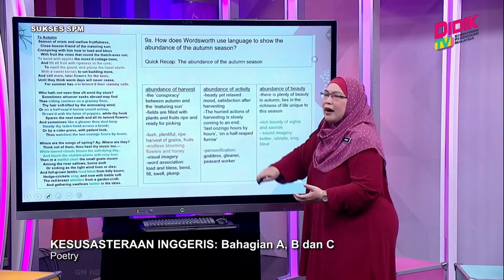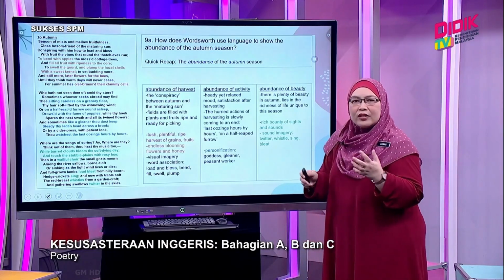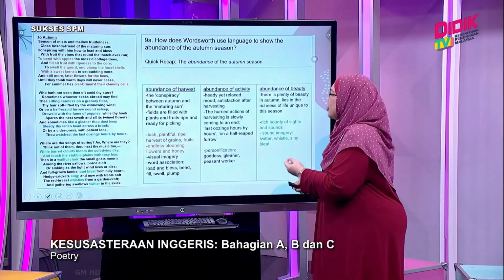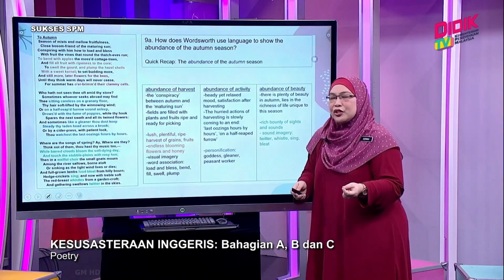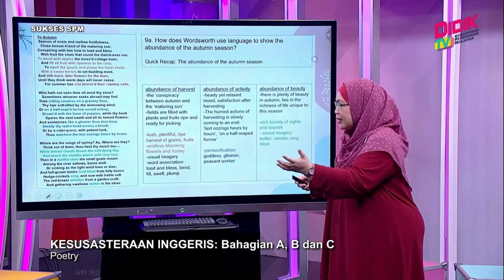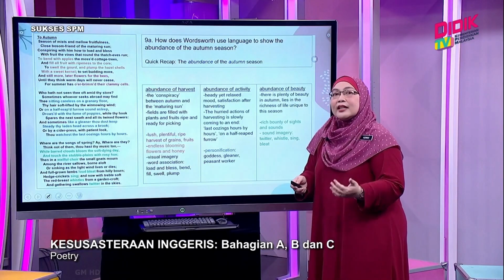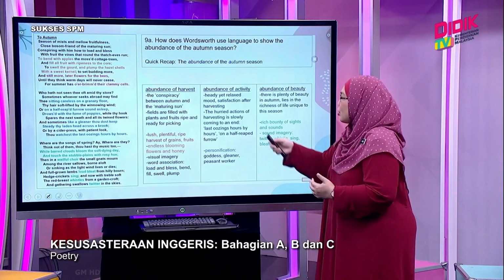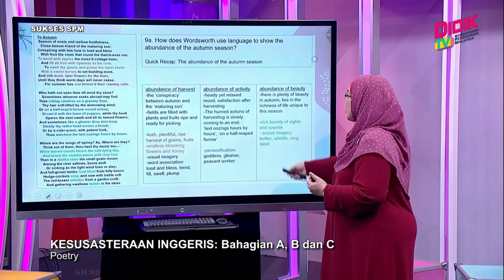There's ripe harvest of grains, of plants, of fruits. Where does it all come from? The conspiracy or the friendship, working relationship between the autumn season and the sun. So you're actually discussing Mother Nature at her best. You're discussing how nature has managed to create all these magical treats during autumn.